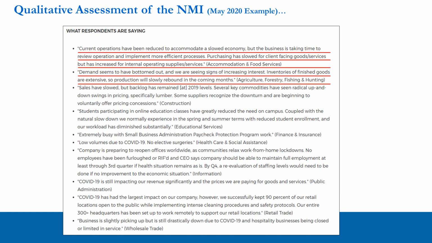So you can see that when you read through all these things, you can get a lot of clues as to what's going on in the economy at the time. So May 2020 is a good example of this. We're going to concentrate on agriculture, forestry, fishing and hunting, and accommodation and food services here.